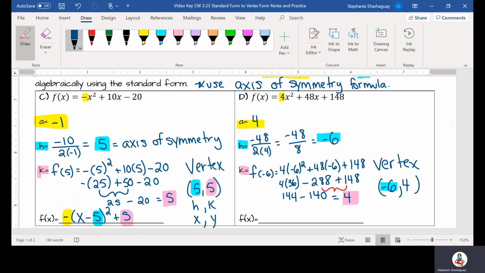So f of x is equal to 4, because that's my a term, multiplied by (x minus a negative 6) squared plus 4, which is the same thing as 4 multiplied by (x + 6) squared plus 4.